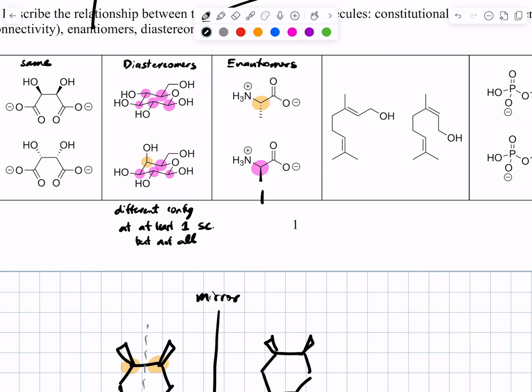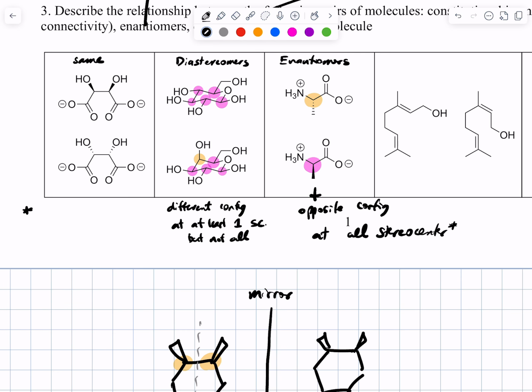Enantiomers, another trick is they have to have opposite configuration at all stereocenters. But I'm going to put an asterisk on that: beware the meso compound, where it will look like they have opposite configuration at both stereocenters, but they're the same compound.